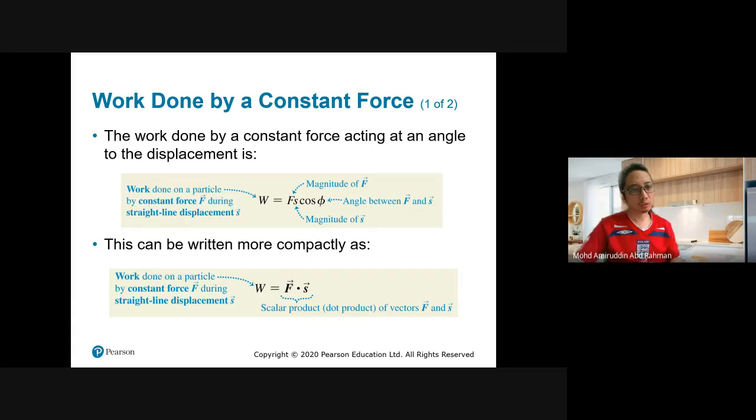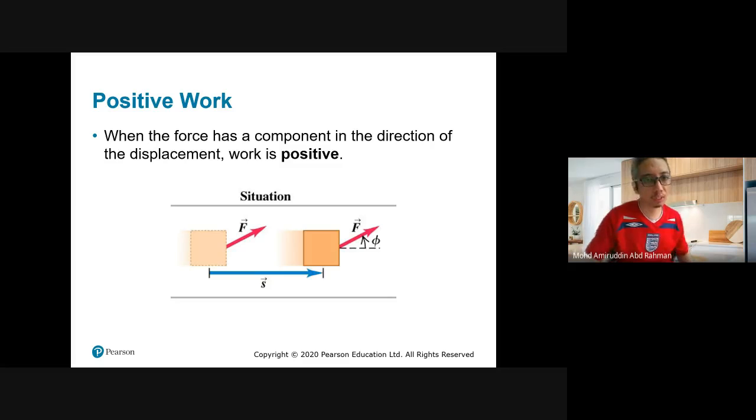Okay, so that can be considered as W equals F dot S. Okay, so that's the vector. So look over here, this is what is meant by the phi. So you have the force, okay, and then you have the S, and then the phi is between F and S. Okay.